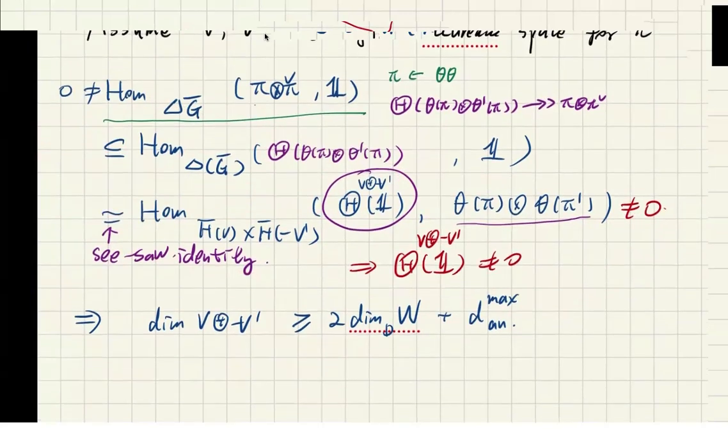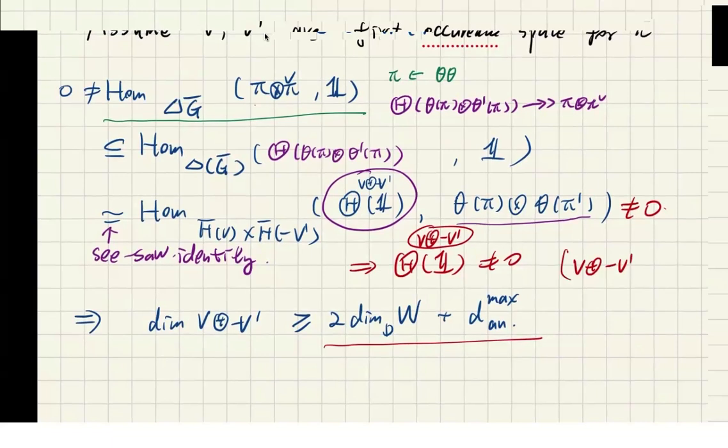Okay, as a consequence, it means that the dimension of v plus minus v prime should be bigger than or equal to this one, because by assumption, this v plus minus v prime is an element in the Witt tower. So the first occurrence is given by this formula. Okay, so this is the application of the seesaw identity. Any question?